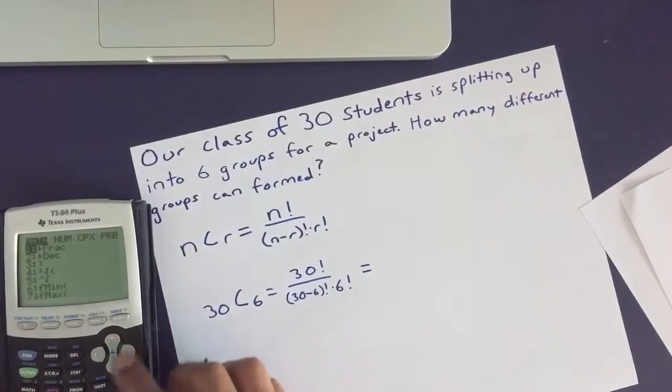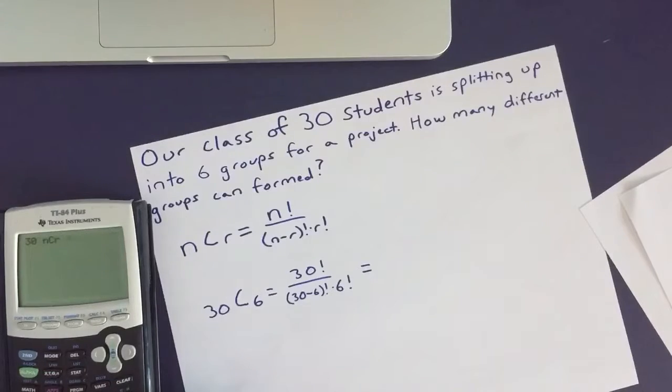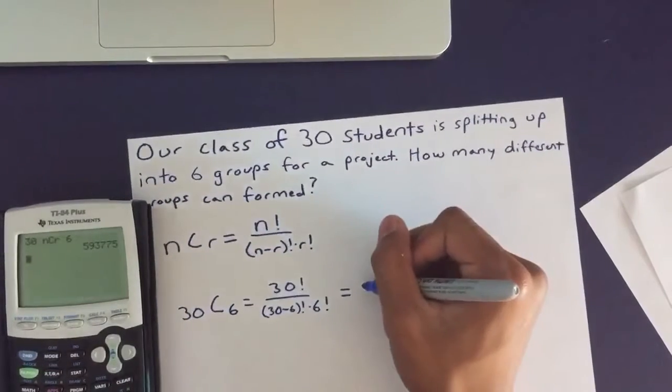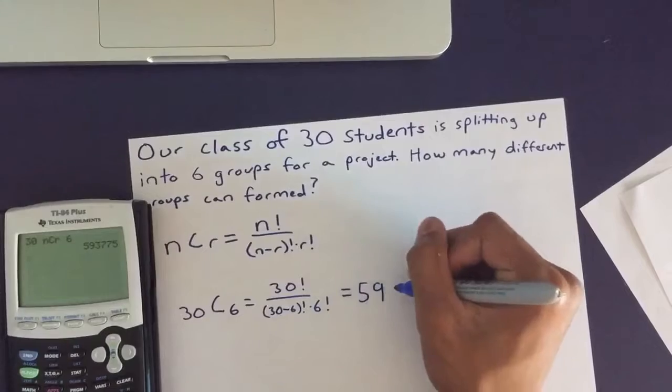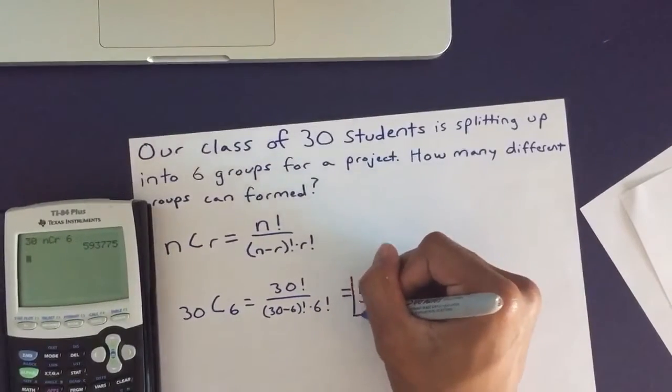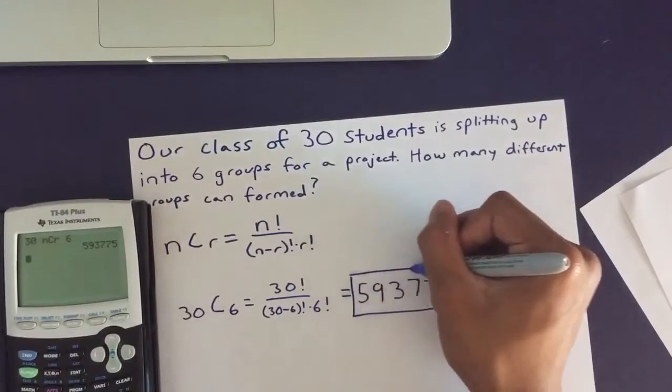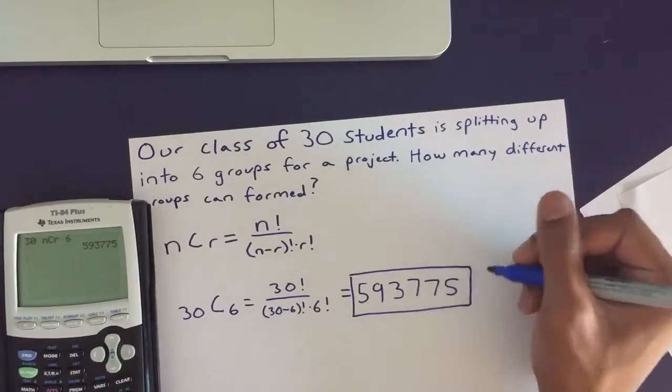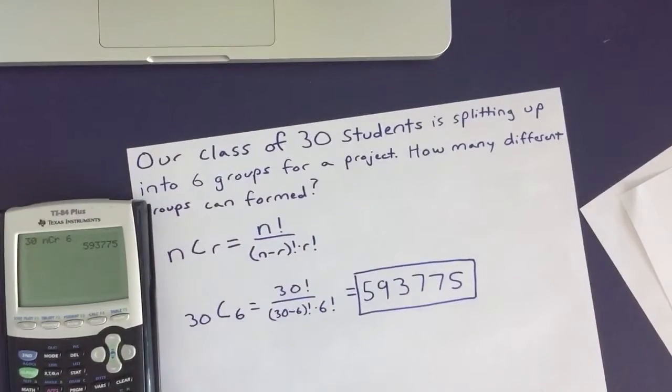You have to put the first number before you go to the math section to find the combination. And you get this big number. So this was how many different groups could be formed with only 30 students.